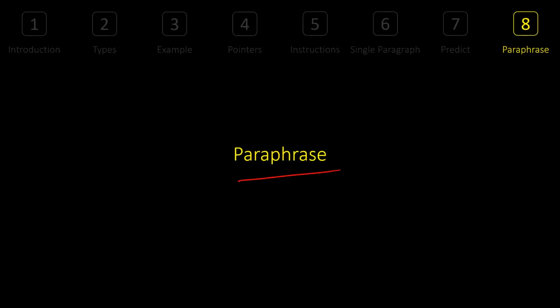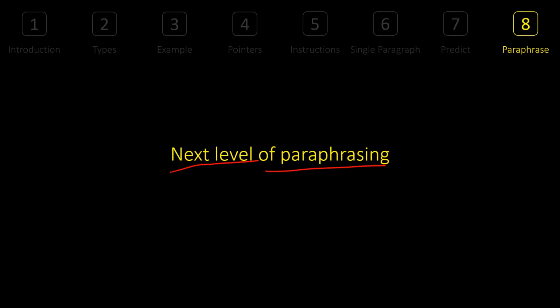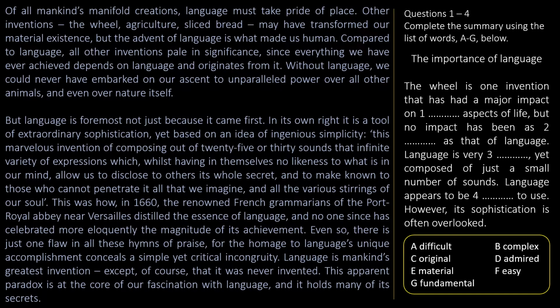Now, paraphrasing is important. You have to expect paraphrasing, in fact, next-level paraphrasing. This whole paragraph is being shortened and provided in the form of blanks over here. That means the level of concision of the information must be high.